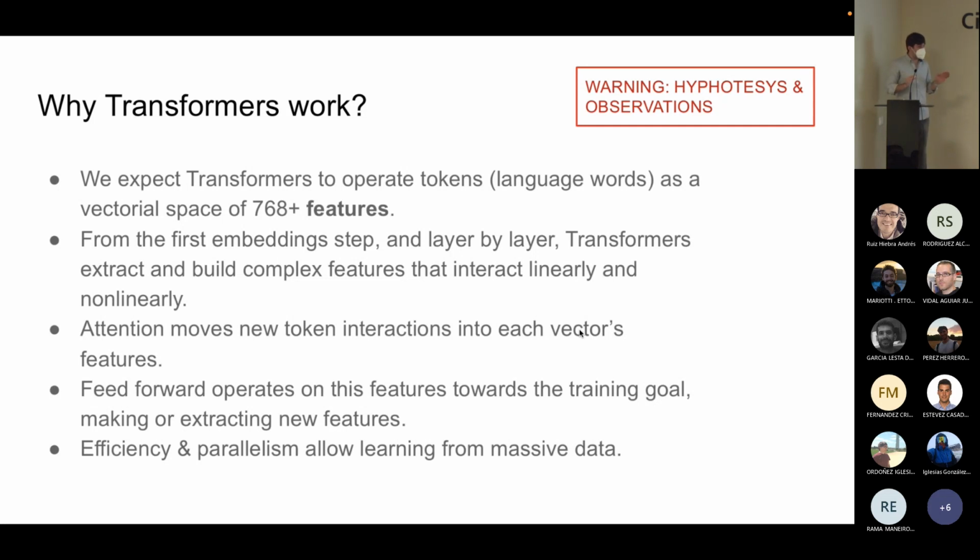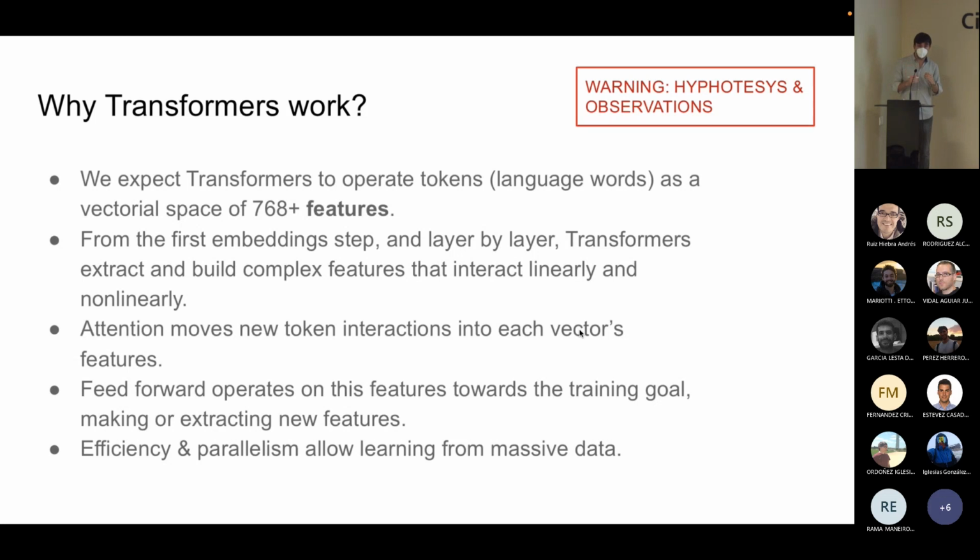At first, if this works in some kind of way, it must be because the hypothesis that we can decompose the meaning of words into components of vectors must work at first. If not, the architecture would not work. And the transformers divide this in a lot of features for each word and make operations on those features.